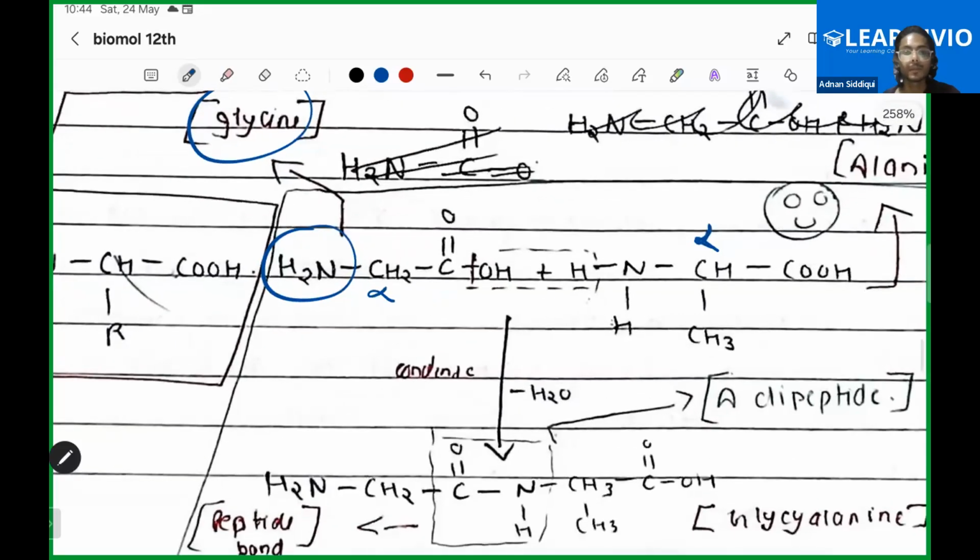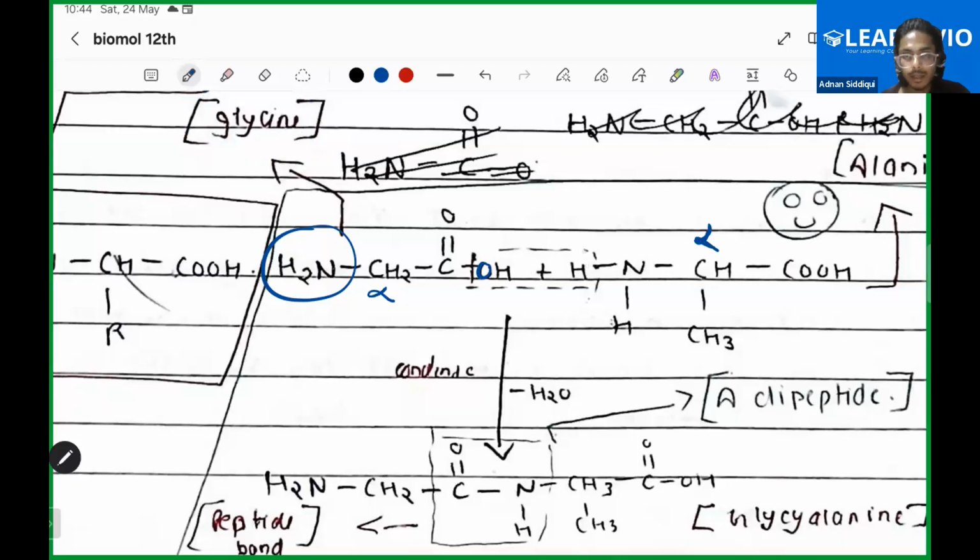So what is happening? The OH part of the carboxylic acid of this glycine is reacting with the H of the nitrogen of this alanine, and they form a bond by eliminating what?